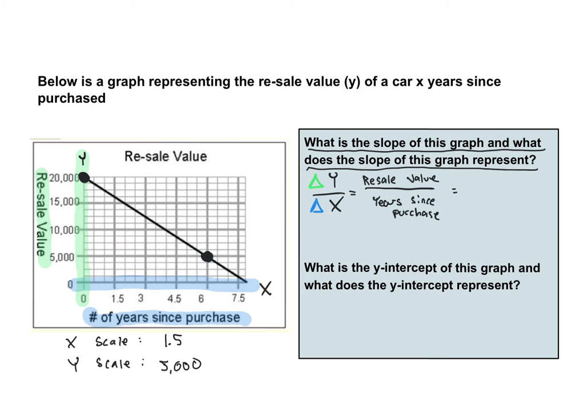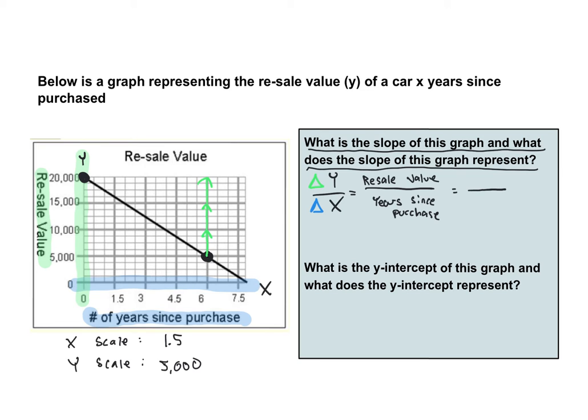I'm going to start from my bottom point and calculate my change in y. So from my bottom point to my top point, I move up 1, up 2, up 3. So when we're working with a scale of 1, that would give us a numerator of positive 3.